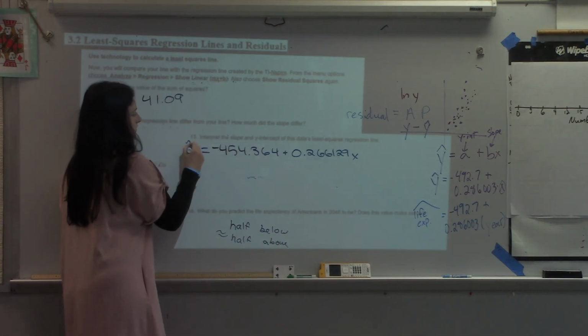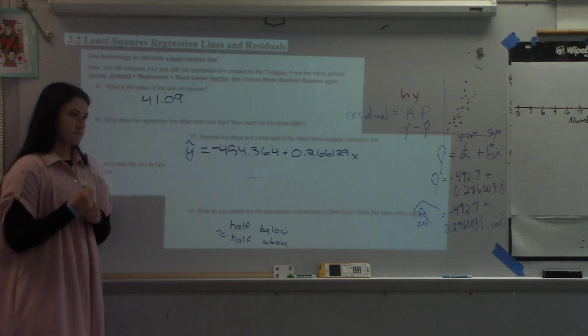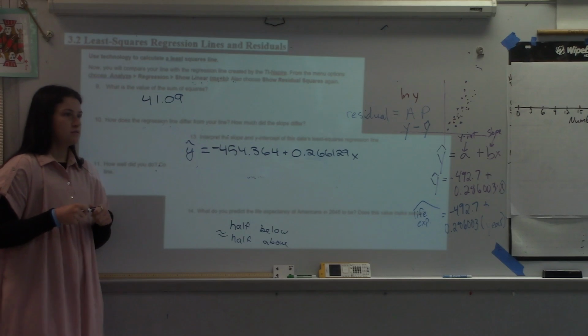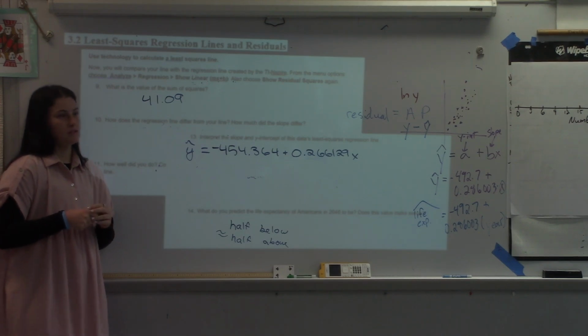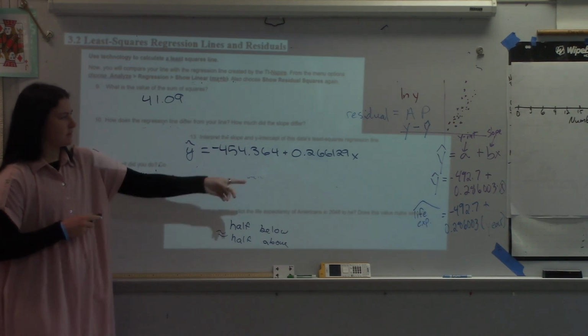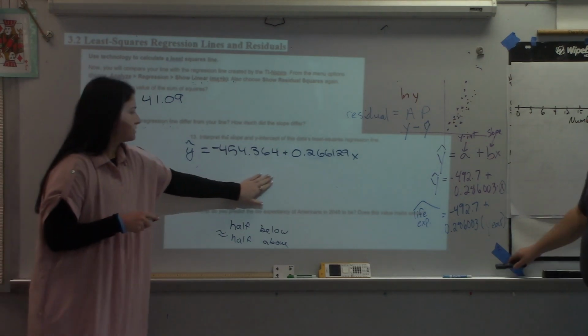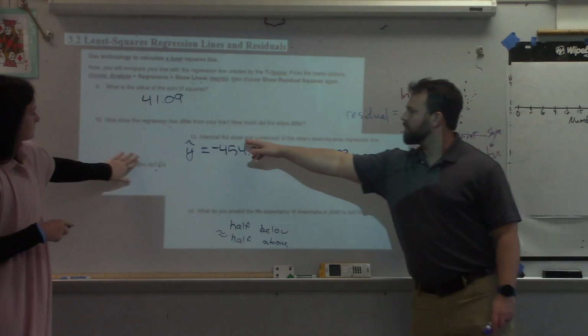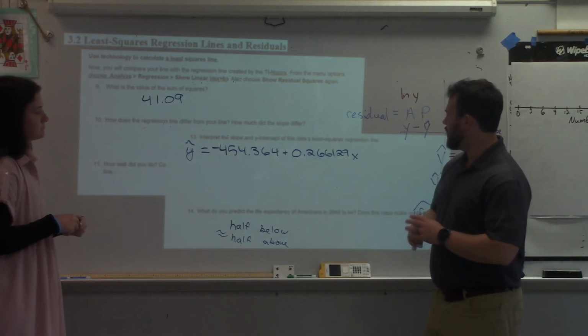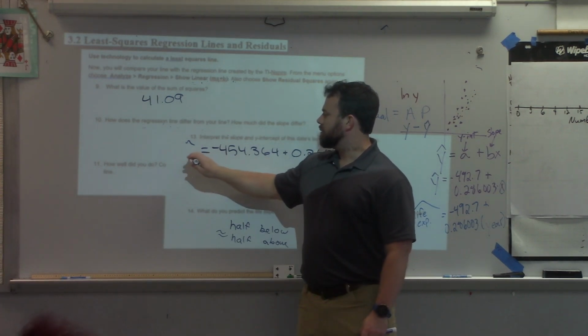All right, how would we interpret this? I don't think we've done that at all yet, have we? No, but I feel like maybe we did talk about it. What they're asking here is to interpret slope and y-intercept. So let me reframe this. What is y again?